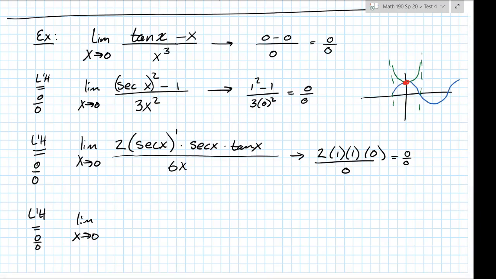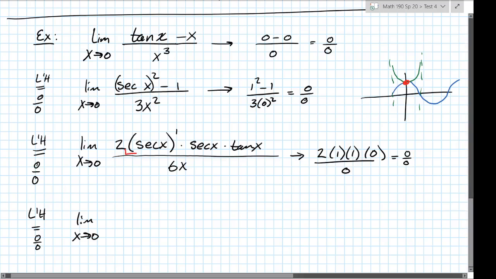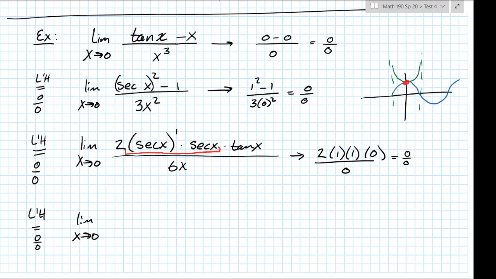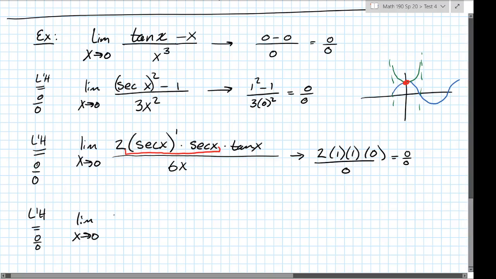Noticing that secant times secant is secant squared. We just took the derivative of secant squared, and it is 2 secant squared x tangent x. But then we have to apply the product rule.